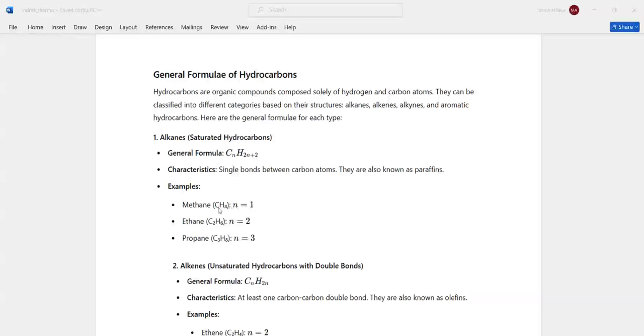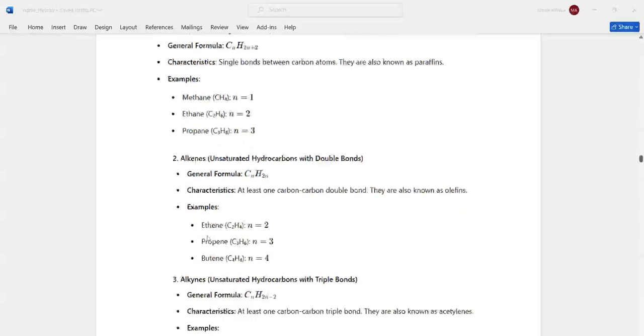If n is 1, you have C1 H2 times 1 plus 2, so this becomes H4, then C1. But because putting 1 there would look funny, we don't put it and leave it as CH4, and that is methane. Ethane has 2 carbon atoms, so you substitute in this formula and have C2H6, and that will be your ethane. Propane would be C3H8. Try for butane, try for pentane, and you'll enjoy.